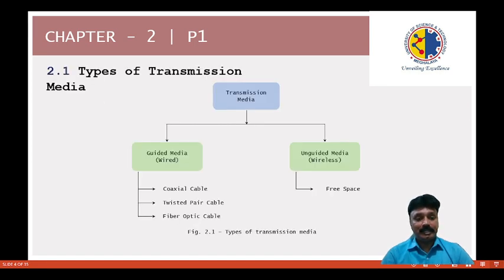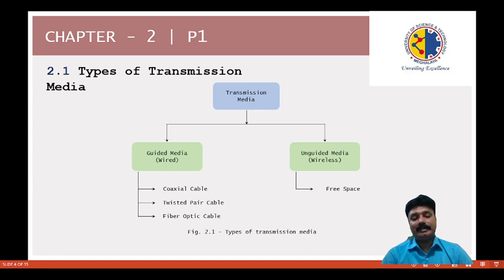So the types of transmission media: the guided media, that is wired, then the unguided media, that is wireless. In the guided media, there are three types. Number one is coaxial cable, twisted pair cable, fiber optics cable.